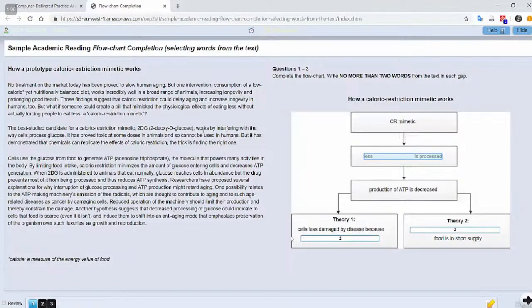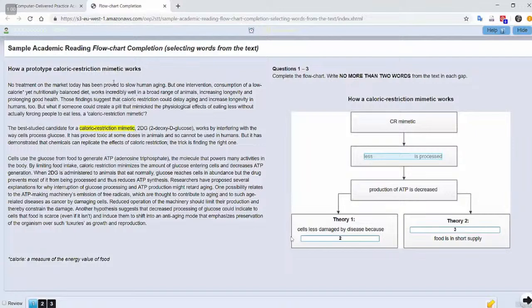So in the reading passage, if we're going down looking for CR mimetic, there's nowhere in that first paragraph, but it's pretty clear that it's right here. CR mimetic. So you can highlight, right? That lets me know that we're starting from here down.